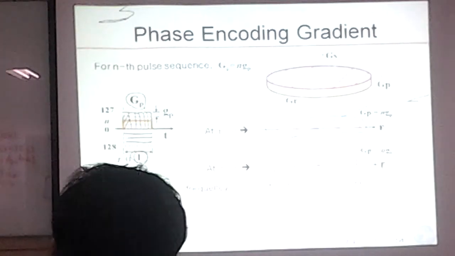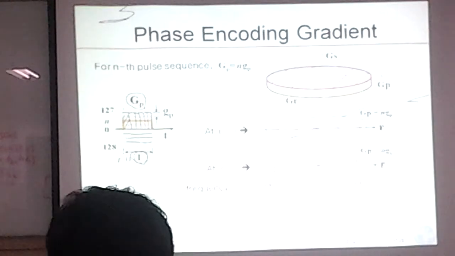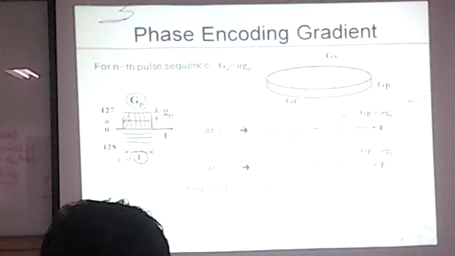Usually the fixed duration of gradient is frequently used because the timing is fixed, and varying the amplitude of the phase gradient does not have a timing effect. Sometimes the duration of the pulse sequence is very sensitive to get the best imaging technique.